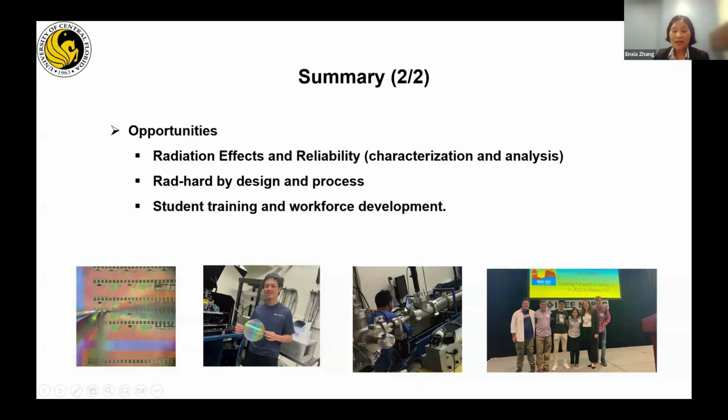Then this is a graduate student who did the beam testing, and those are my students at conferences. So here, I'm really planning to build workforce development with all the help from our department to get student training moving on.